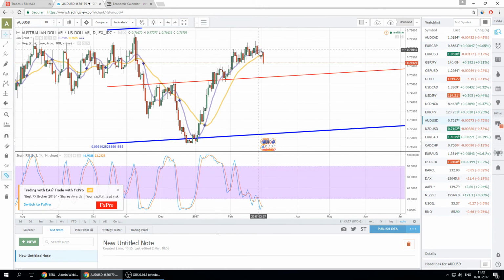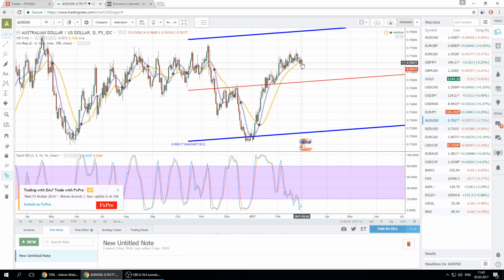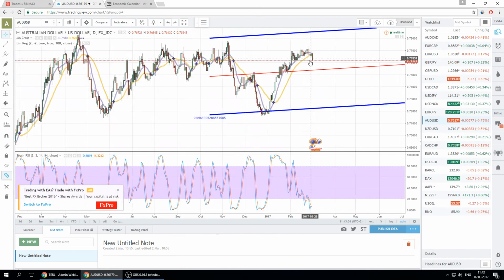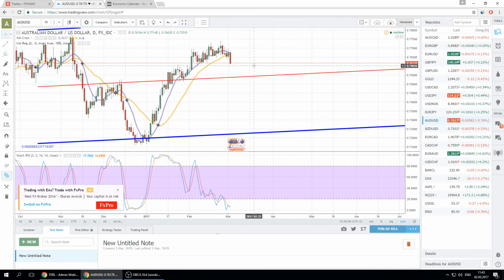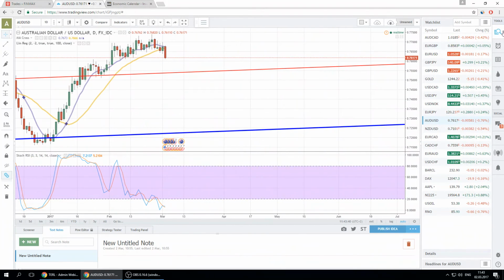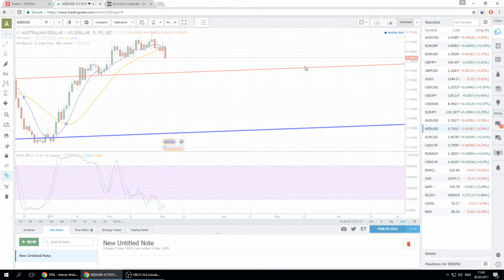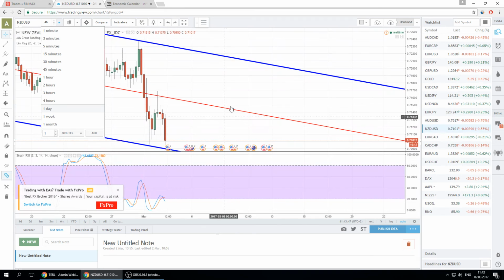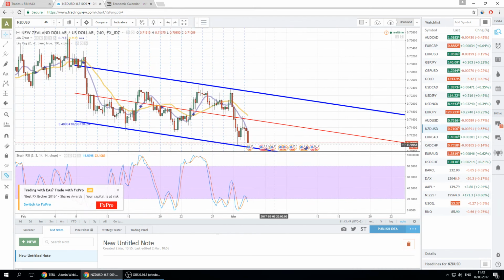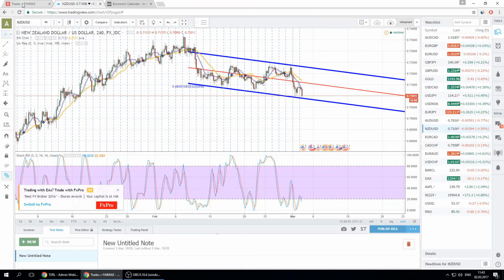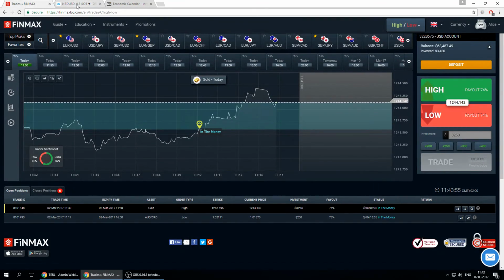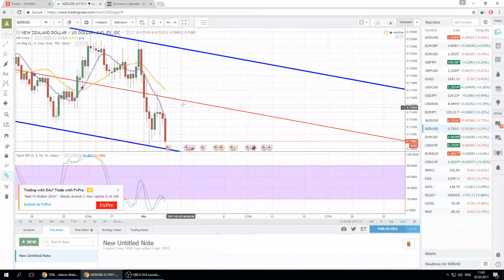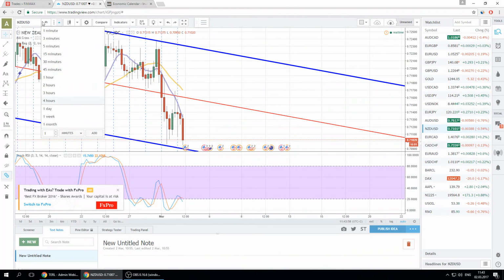Well, as you see here, the Australian dollar has turned back, but probably not a good position to open the trade, the confident trade that will for sure expire in the money, which is the most important for a trader.